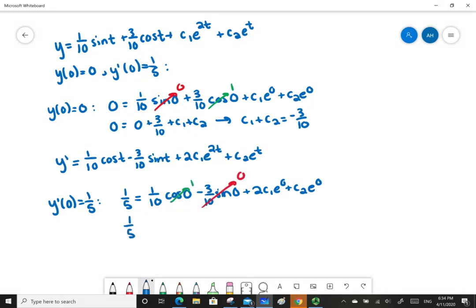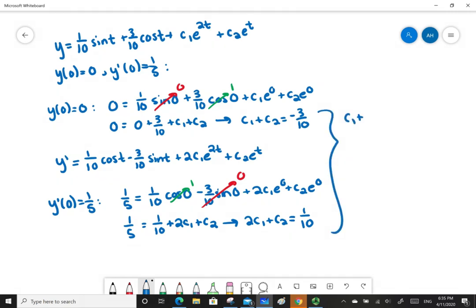So 1/5 equals 1/10 plus 2c1 plus c2, and 2c1 plus c2 equals 1/10. So to finish the problem, we need to solve the system c1 plus c2 equals negative 3/10, and 2c1 plus c2 equals 1/10.